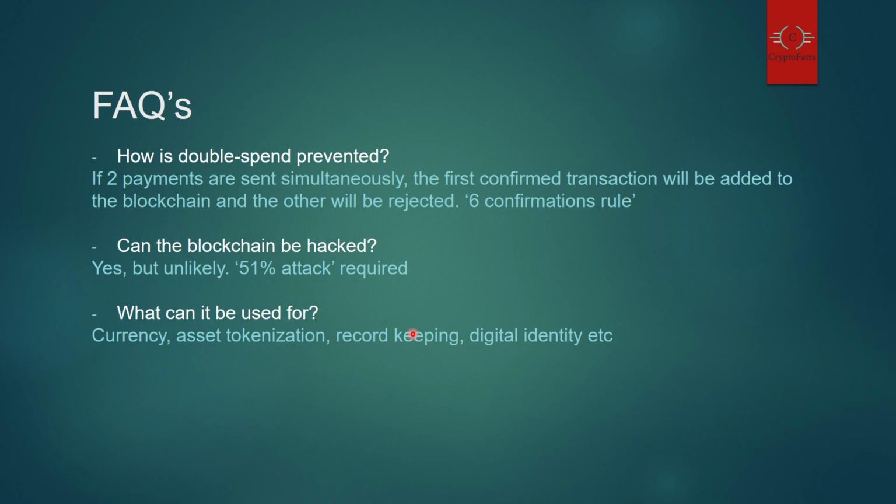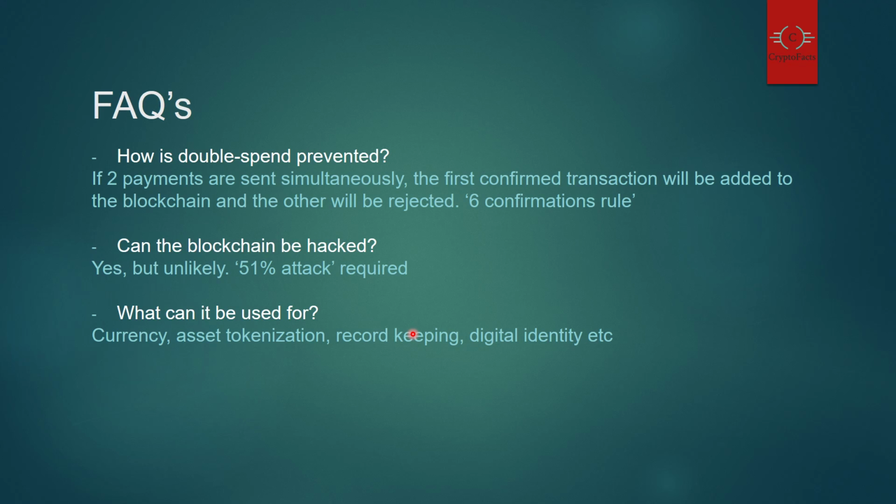Because the one that's confirmed first will get a second confirmation, a third, a fourth, and the one that is not confirmed will just fall away. It will just be an orphan. So this is why it's recommended to wait for 6 confirmations to ensure that the miners recognize that transaction as valid, and will build further blocks on that valid transaction.